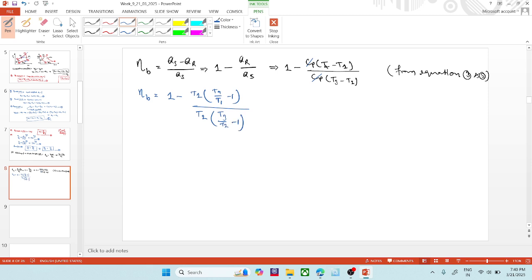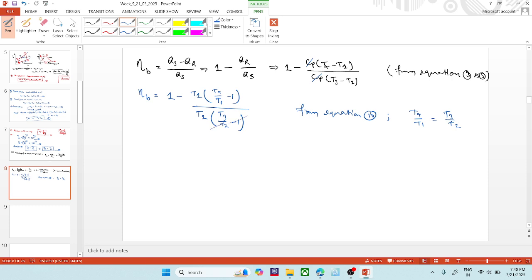As I have seen from equation number 10, T4 by T1 is equal to T3 by T2.